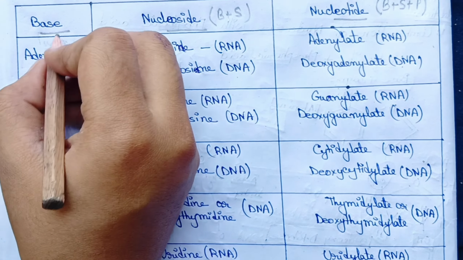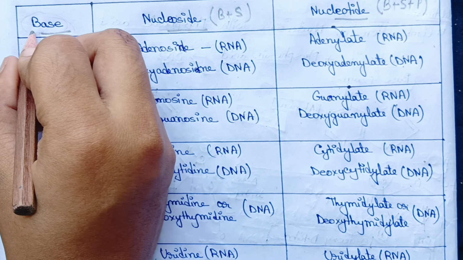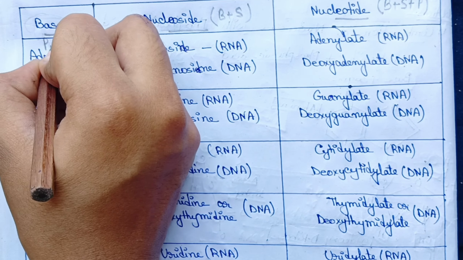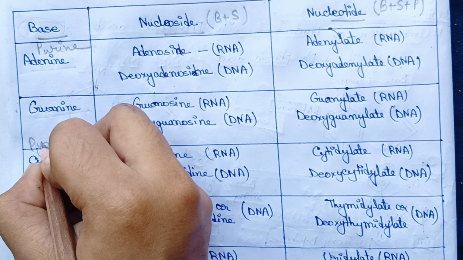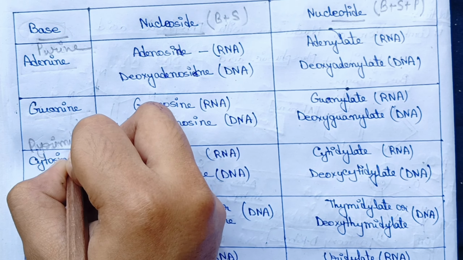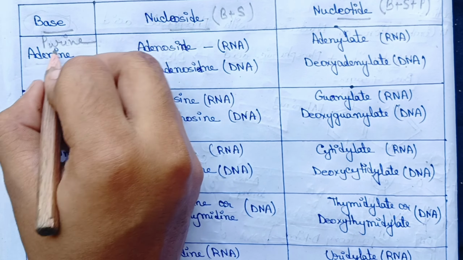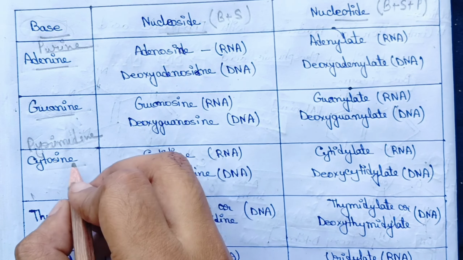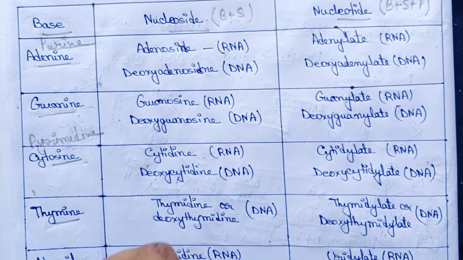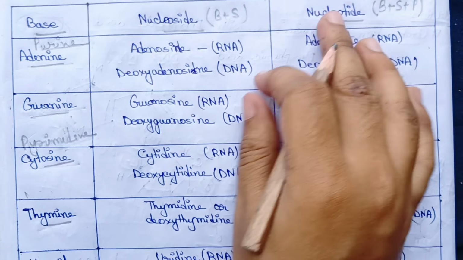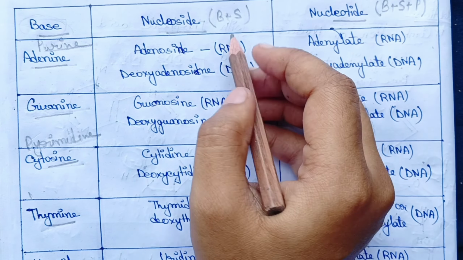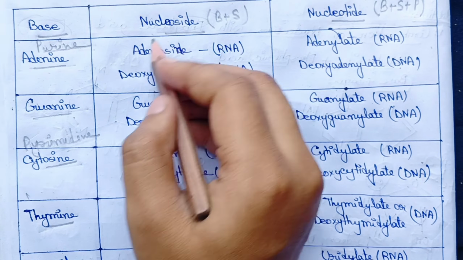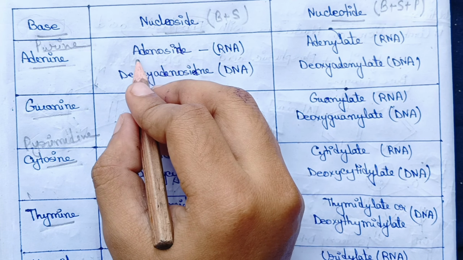So we can also read that there are two types of bases, purine and pyrimidine. Purine bases are adenine and guanine. Pyrimidine bases are cytosine, thymine and lastly uracil. So when adenine is in a nucleoside, it is called adenosine.